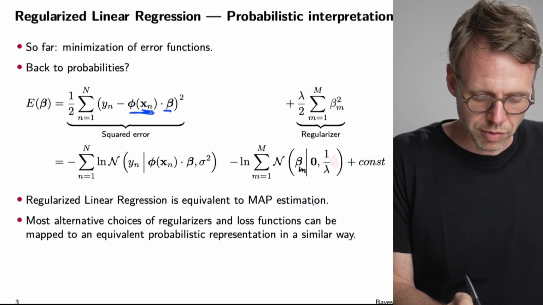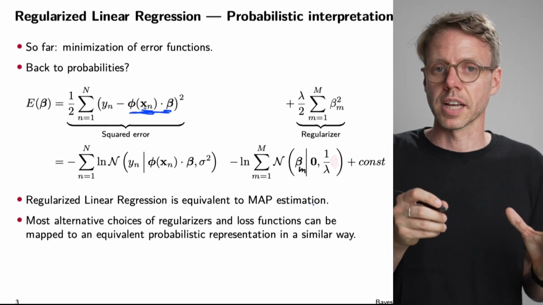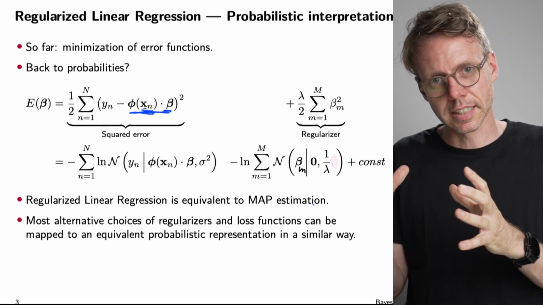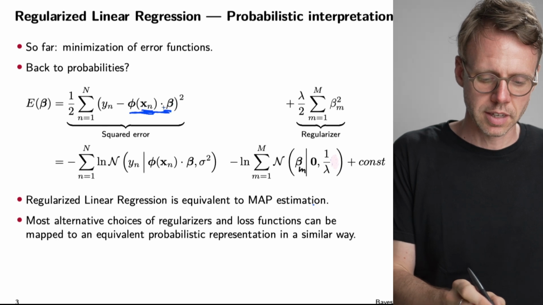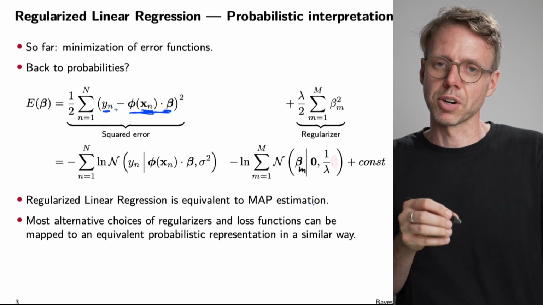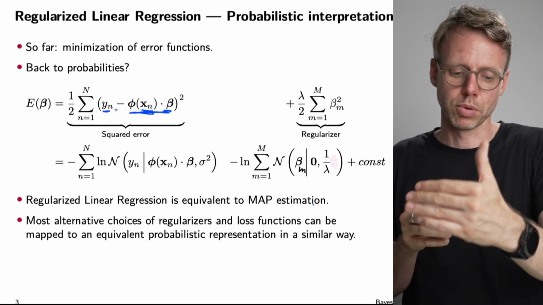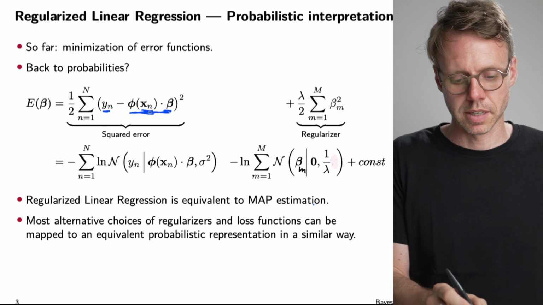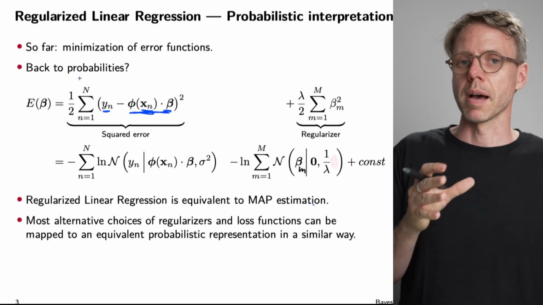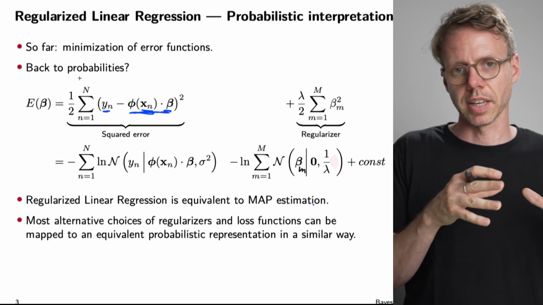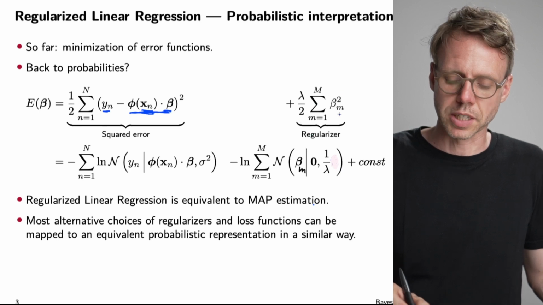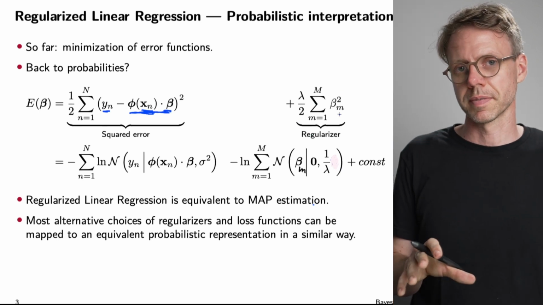So the prediction from the ridge regression is computed as phi of our training input vector x n times the regression weights, and the difference between the actual target variable yn and this predicted phi times beta is then computed, squared, and summed up over the whole training data set, giving us the sum of squares. The regularizer is the sum of the squares in the regression weights.